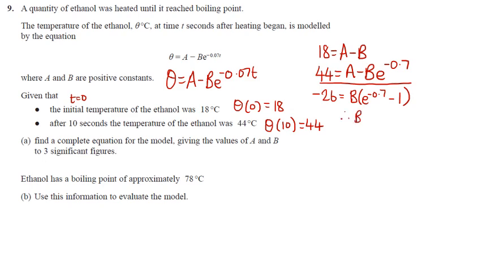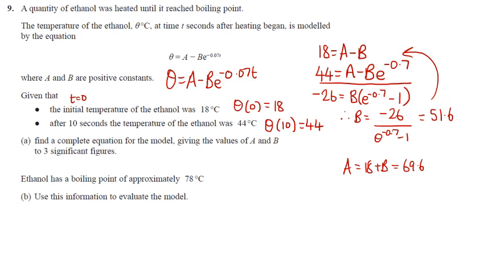So therefore b is equal to minus 26 over that, which gives 51.6. And if we substitute that back into the first equation, which is easiest, a is equal to 18 plus b. So that's 18 plus 51.6, which is 69.6. So therefore we've got theta is equal to 69.6 minus 51.6 e to the minus 0.07t.